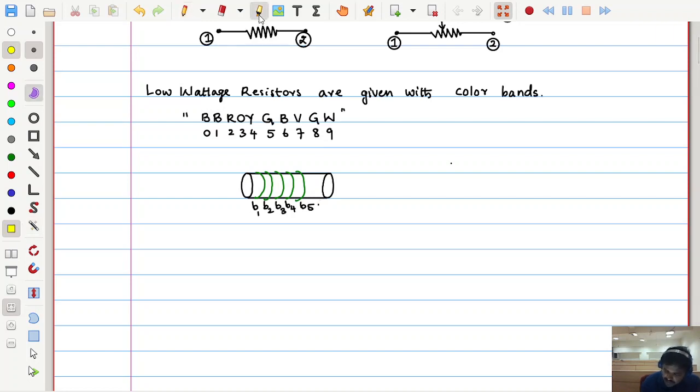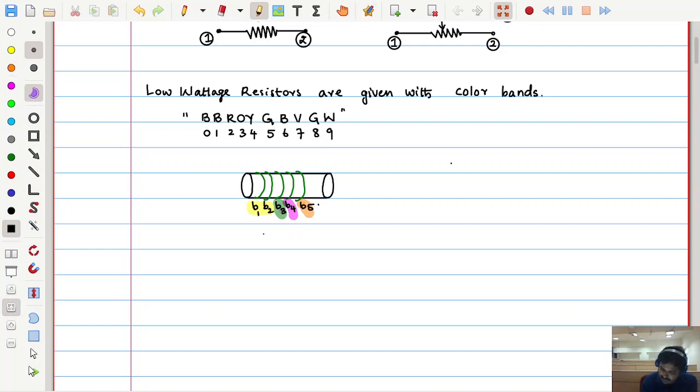Remember that the first two bands are the significant bits which contribute to the resistor value, the third band is the multiplier, the fourth is the tolerance, and the fifth is the reliability.